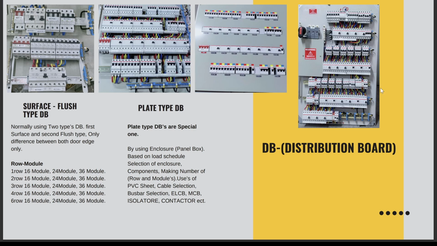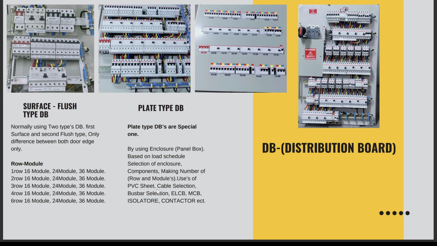This is the plate, and this is a rail. Using the enclosure panel box based on the load schedule, we select the enclosure components, making a number of rows and models. How many rows we want, we will make.